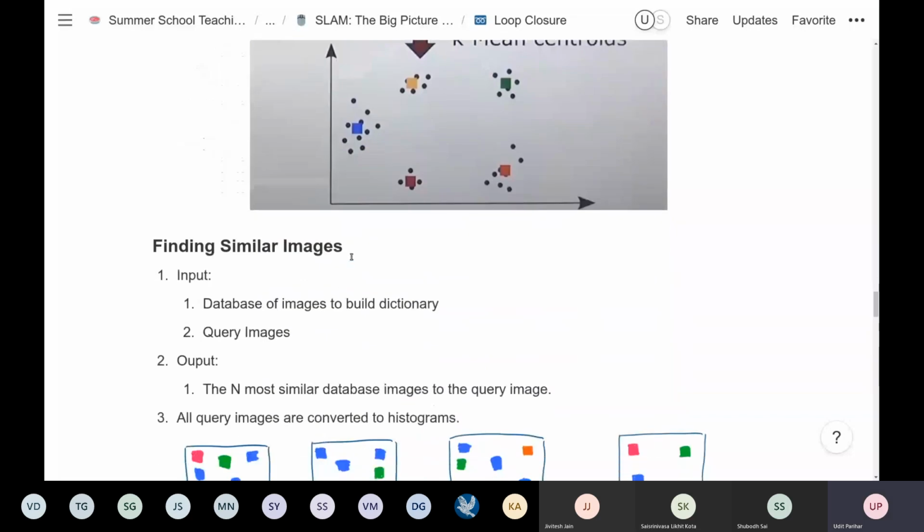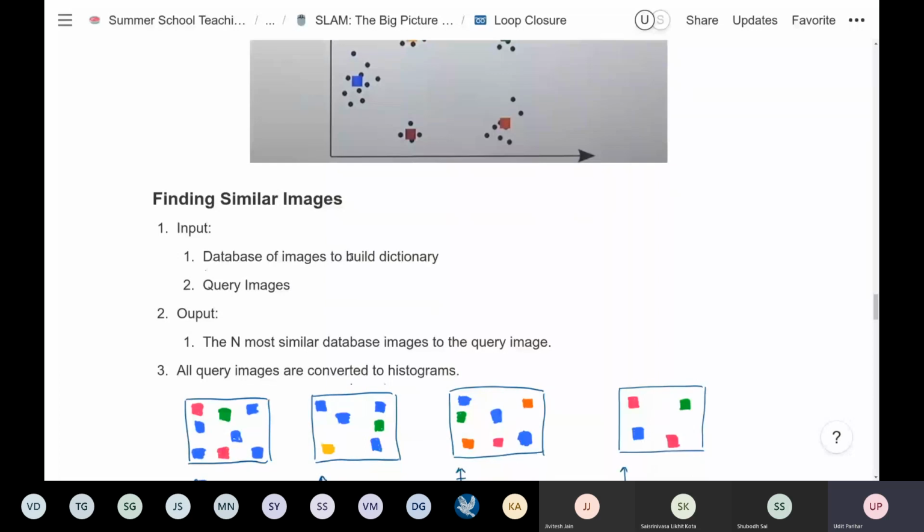Now, what about the inference time? So let's say you want to do this bag of visual words approach from scratch. The input will be the database images to build the dictionary. As I said earlier, you don't need to build a dictionary every time.